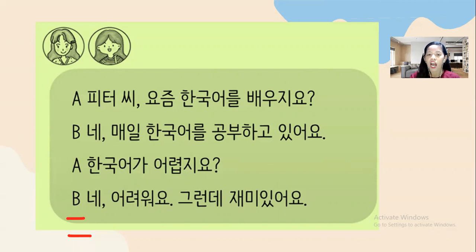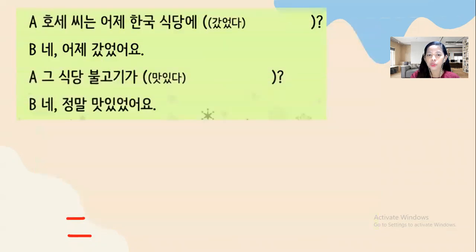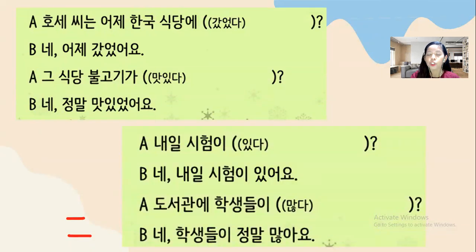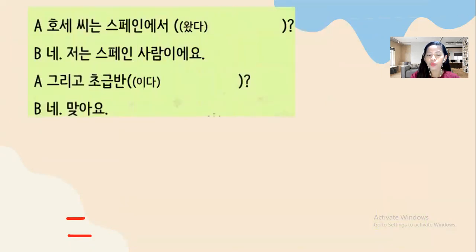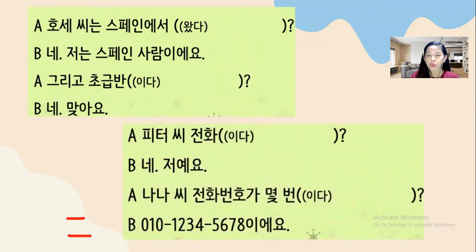This time, I will send you into breakout rooms, and I want you to do the following dialogues. I prepared 4 dialogues, and with your partner, I want you to answer using 지요 in the blank. And of course, I also want you to practice reading this and give me the translation later on.